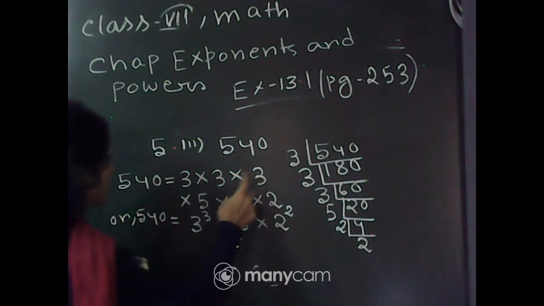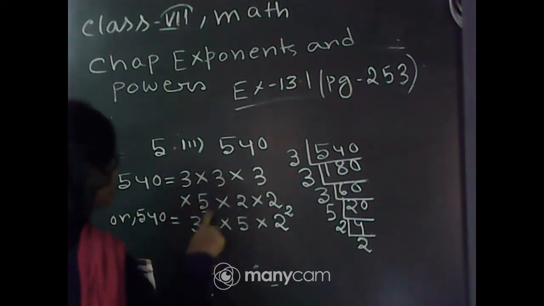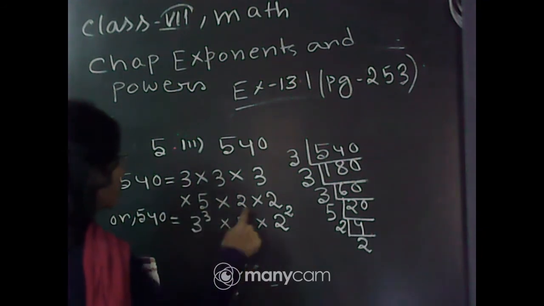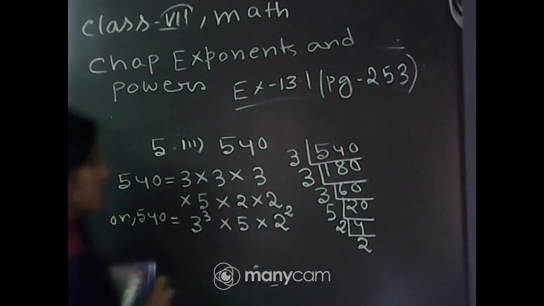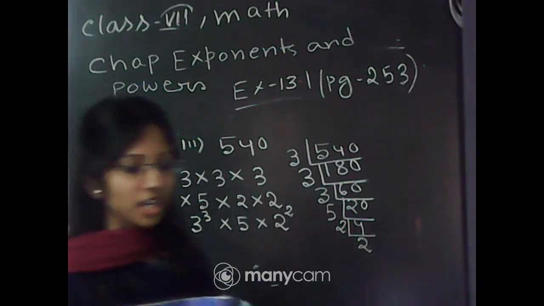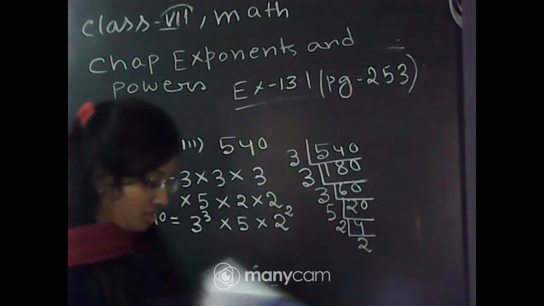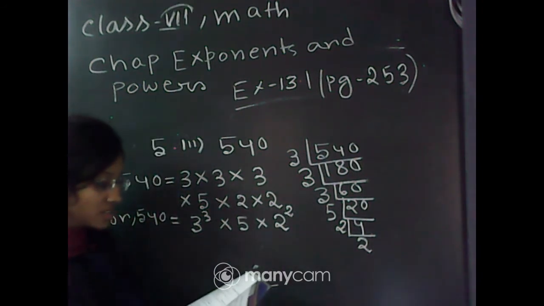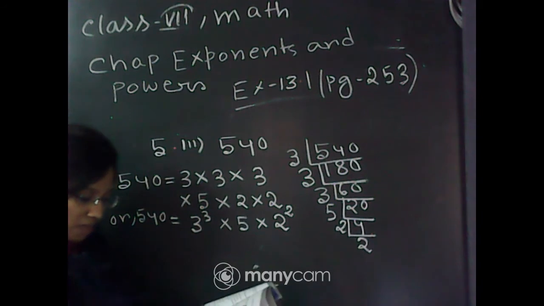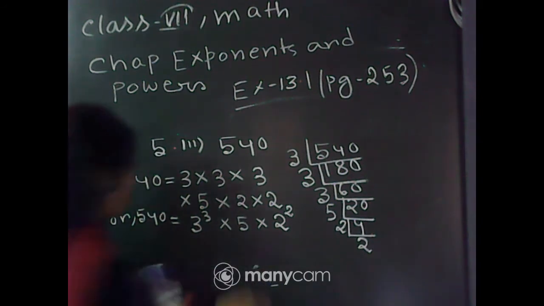Here 3 is 3 times, so the power of 3 will be 3. 5 is 1 time, so the power of 5 will be 1. And 2 is 2 times, so the power of 2 will be 2. Clear? Up to this portion, any problem? And this is the required prime factor product form.